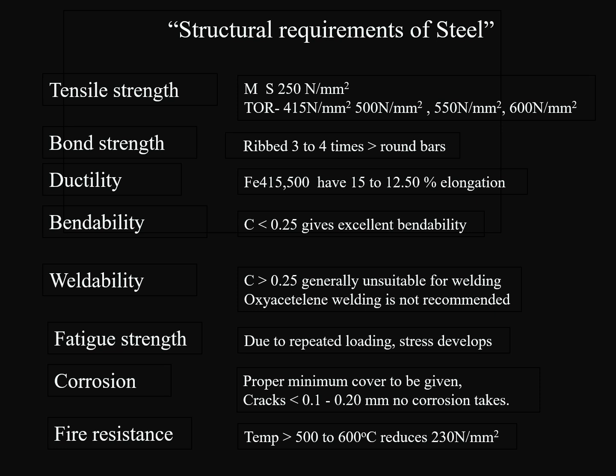steel. Fire resistance. If the temperature goes above 500 to 600 degrees centigrade, the steel reduces its tensile strength to 230 megapascal. That is how the WTO was planned to collapse, bombarded with an aeroplane by Osama bin Laden.